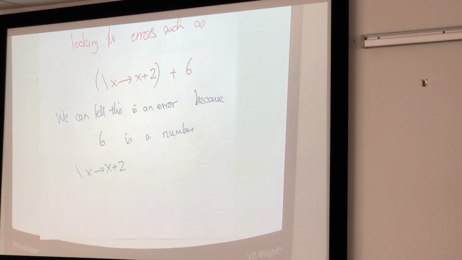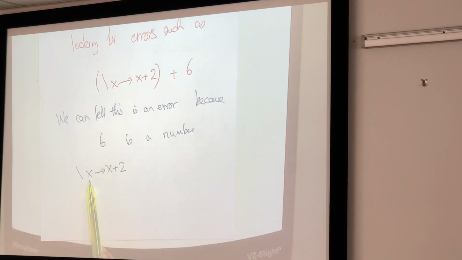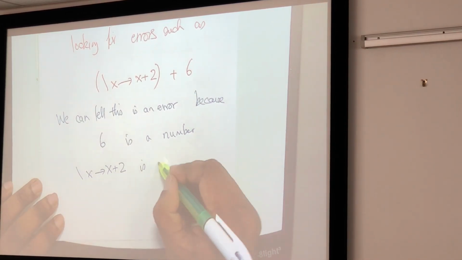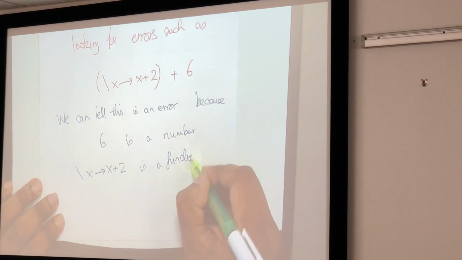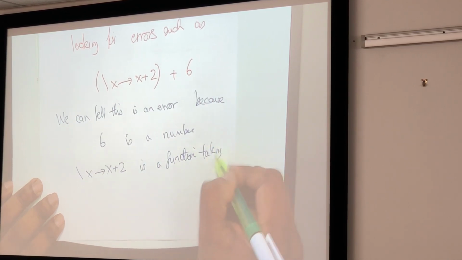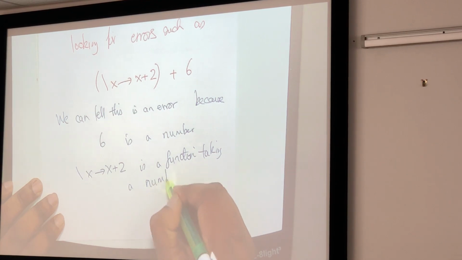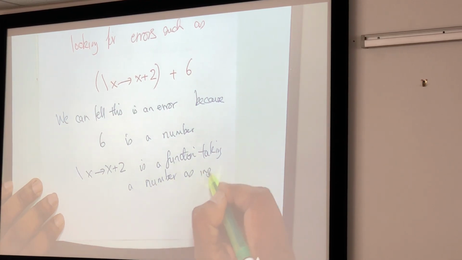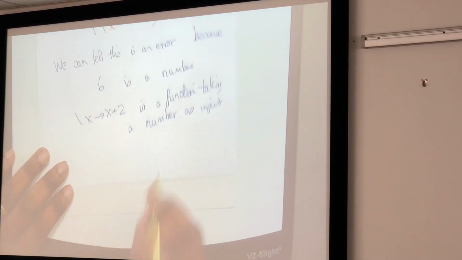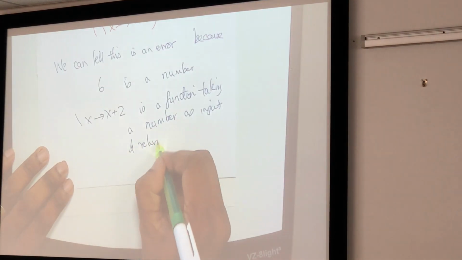If you think about this, because it's got plus and 2, that means x must be a number. So this is something that takes a number as input, and returns a number. So this is a function taking a number as input and returning a number.